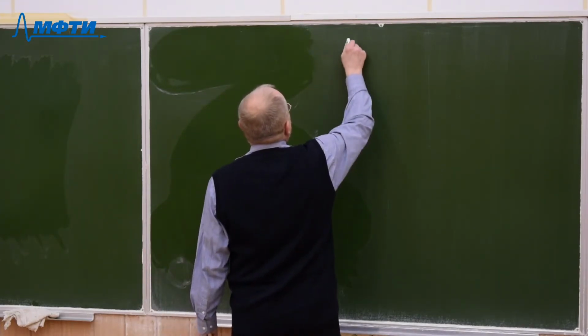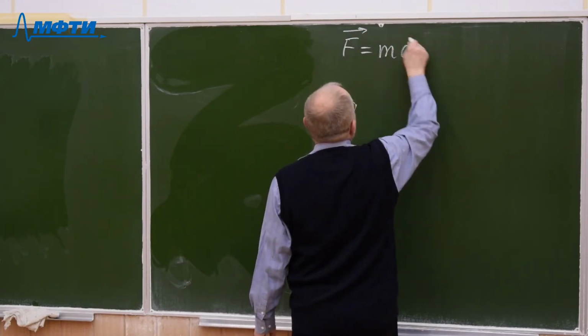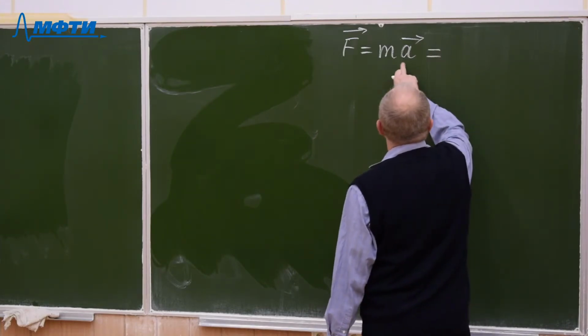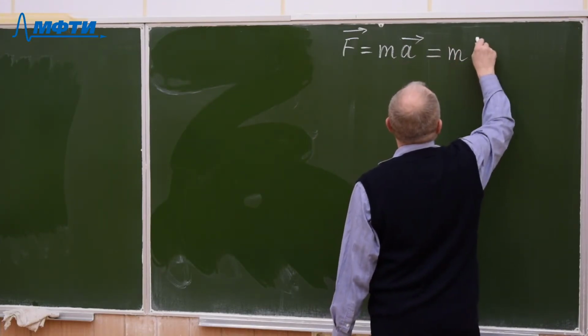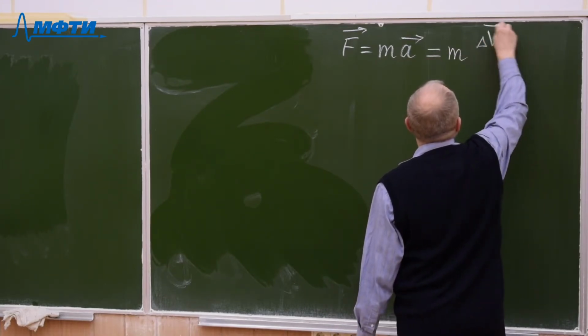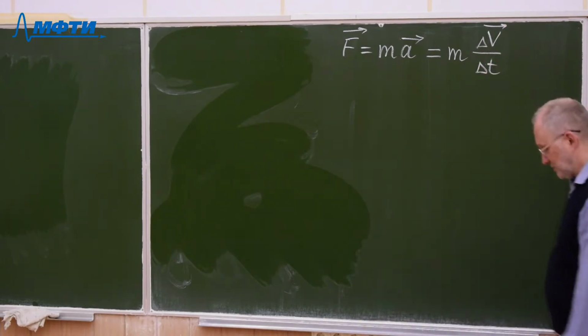To go to other laws of physics, I will write down the same Newton's law, the second Newton's law. And I will recall that the acceleration by definition is the rate of change of velocity.